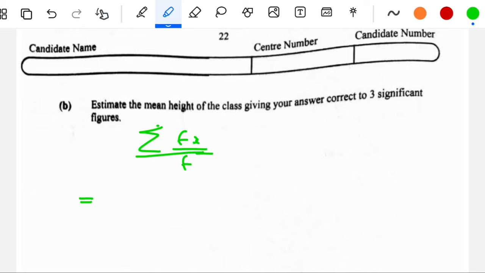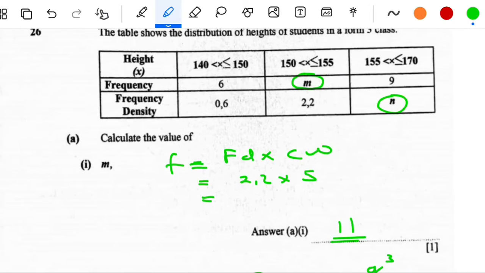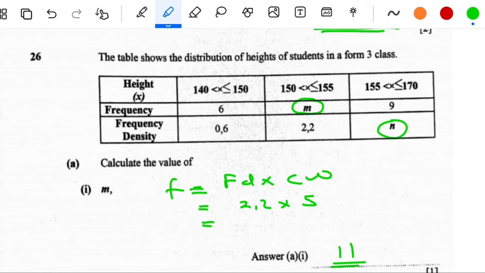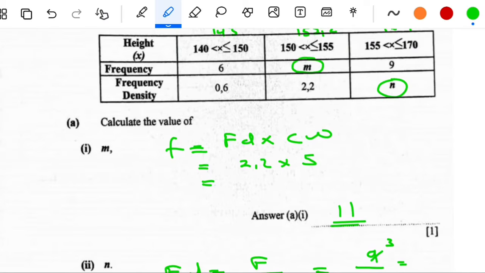The midpoint for the first one here is 145. Here it's 152.5. Then this one it's 162.5. And the frequencies I have are 6, 11 and 9.